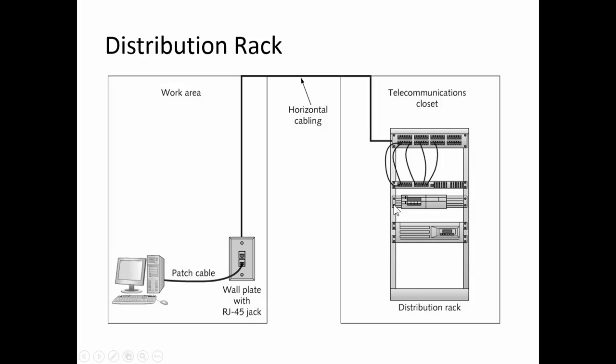A distribution rack is an aluminum rack as tall as a person is, and the distribution rack contains the switch, it contains the router, and it can contain the servers. And then the workstations over here, their patch cable plugs into a wall jack which goes through the wall and then connects to the distribution rack, which is in the telecommunications closet.